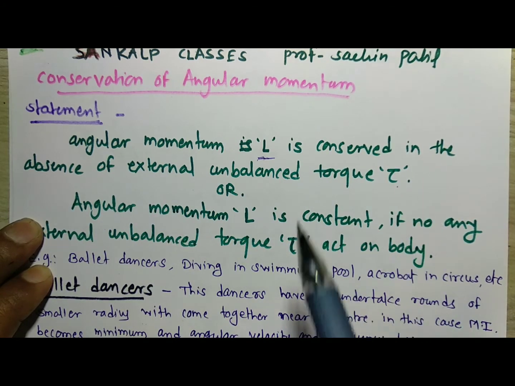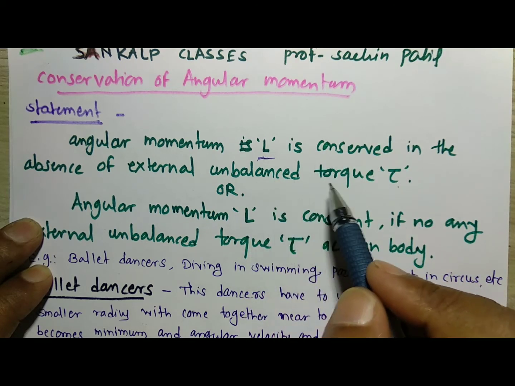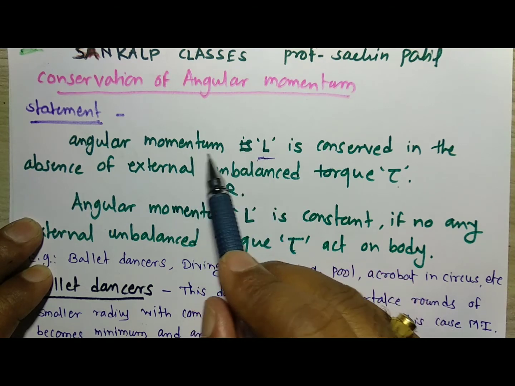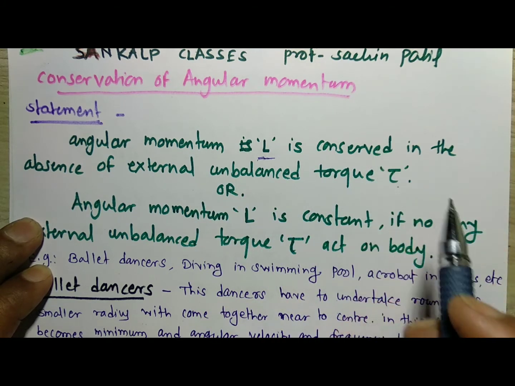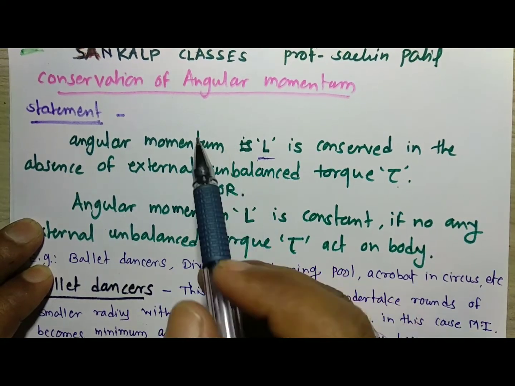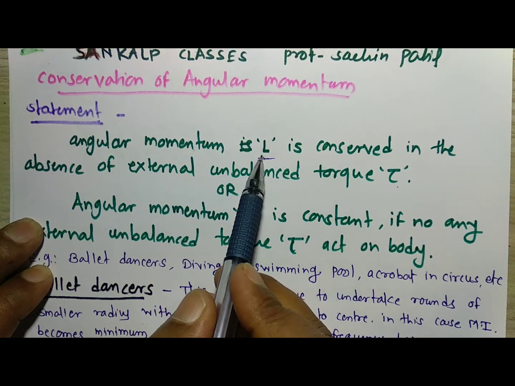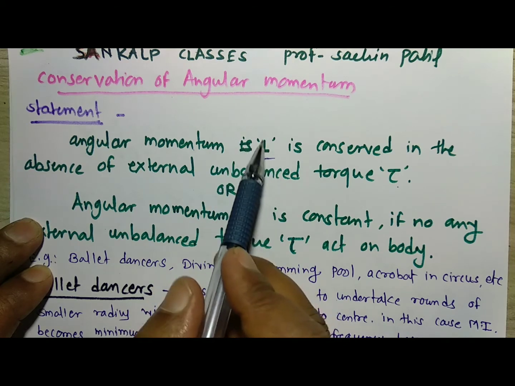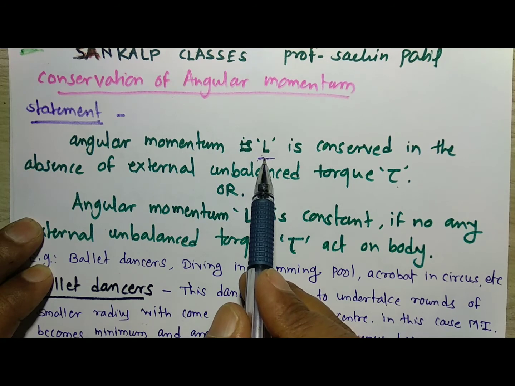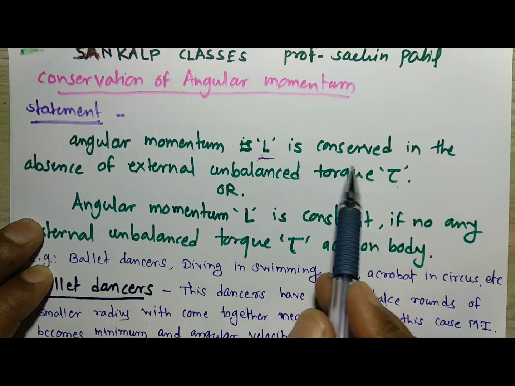That means when no unbalanced torque is acting on an object or body, its angular momentum is constant, or conserved. It is analogous to the conservation of linear momentum. What is the statement for linear momentum? Linear momentum P is conserved in the absence of external unbalanced force.